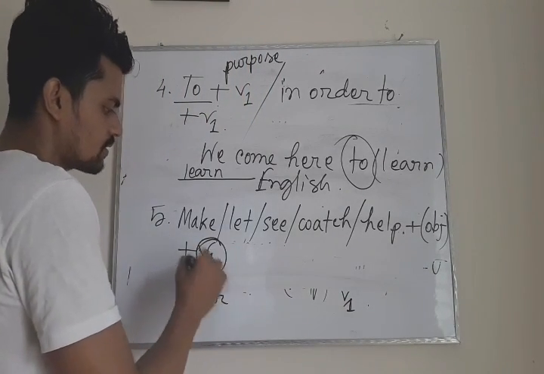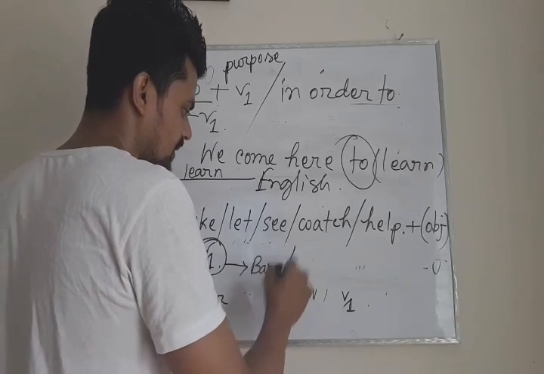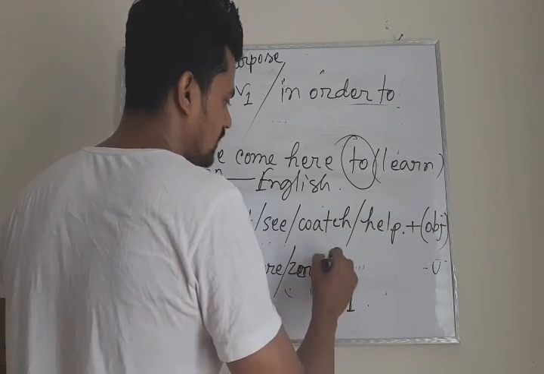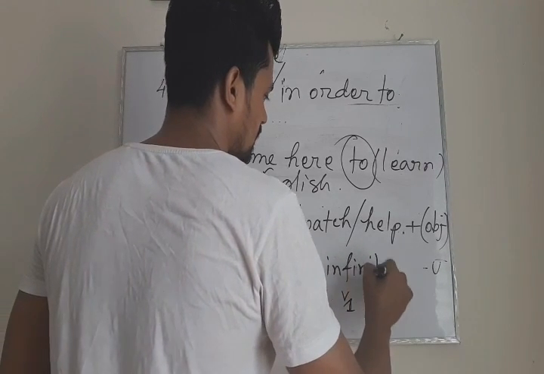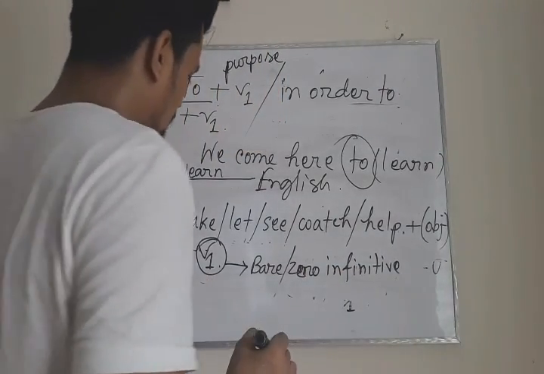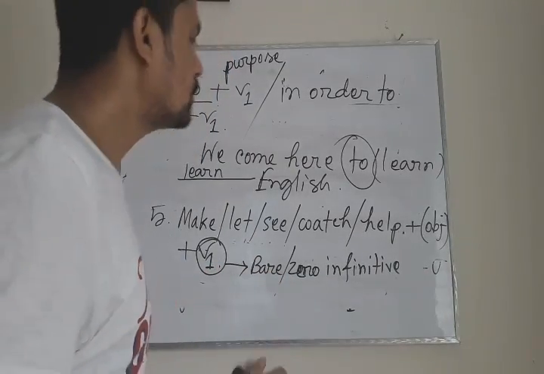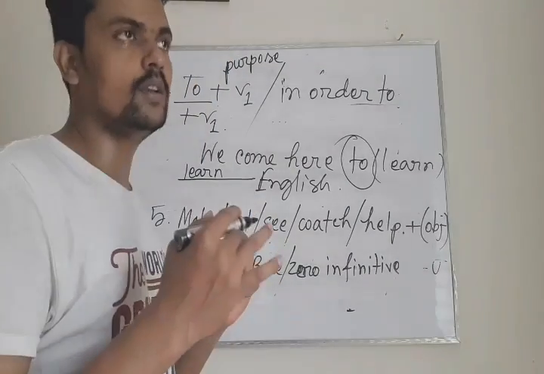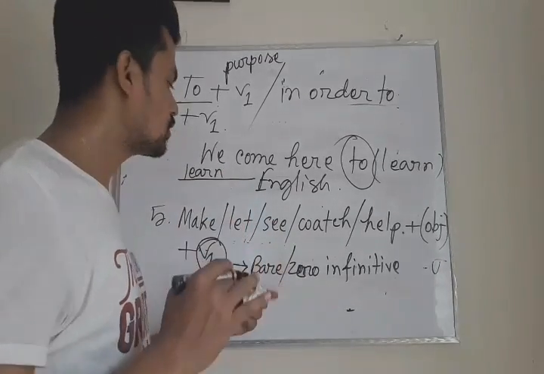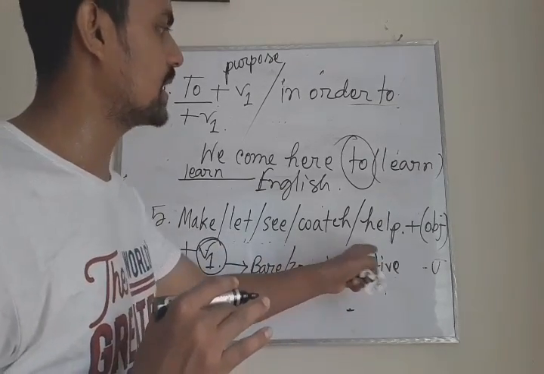And this V1 is called bare infinitive or zero infinitive. We use the bare infinitive, without to, only V1, after make, let, see, watch, help.